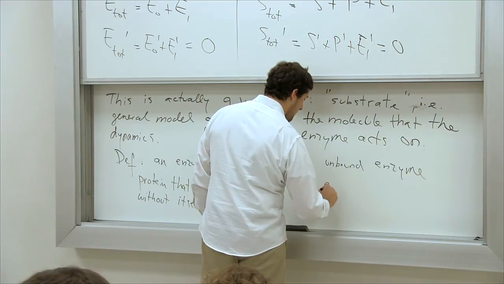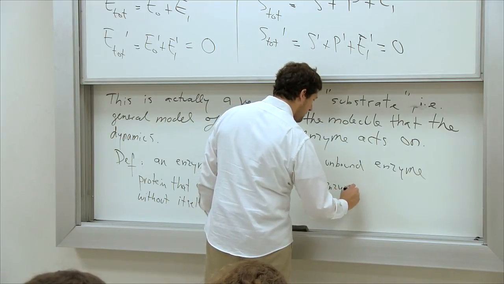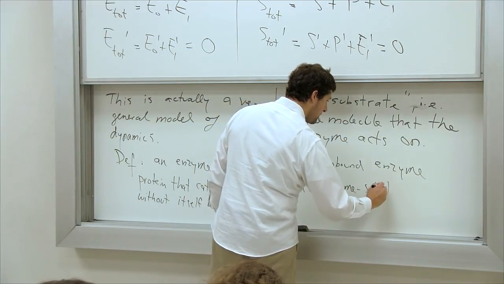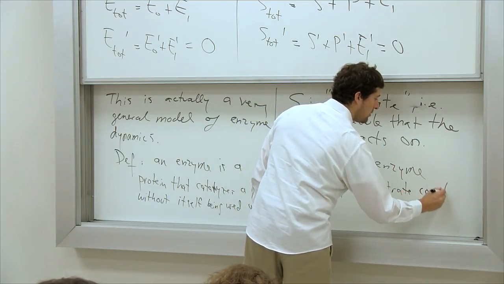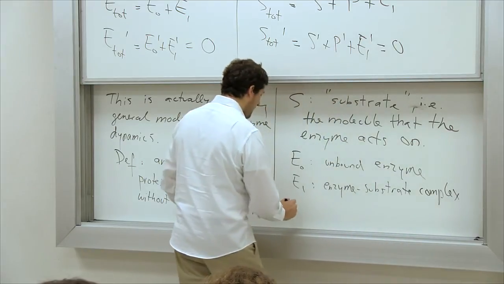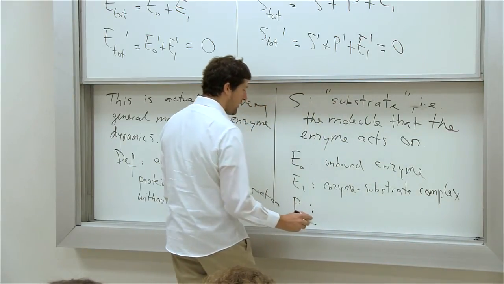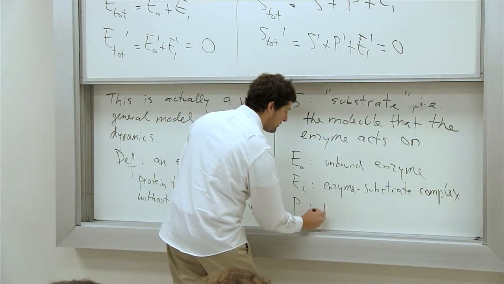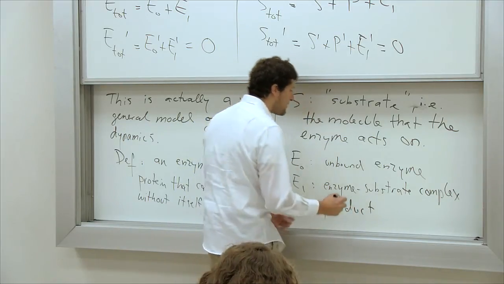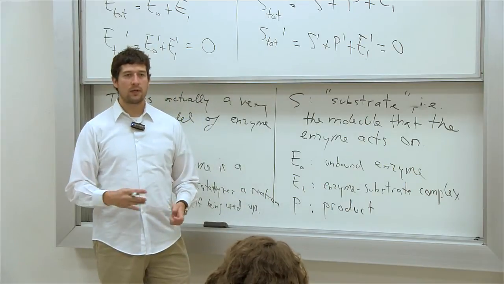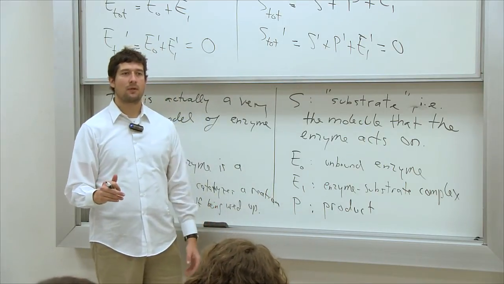So enzyme substrate complex. And P is what we call the product. So after the enzyme is done with the substrate, it turns it into a product.